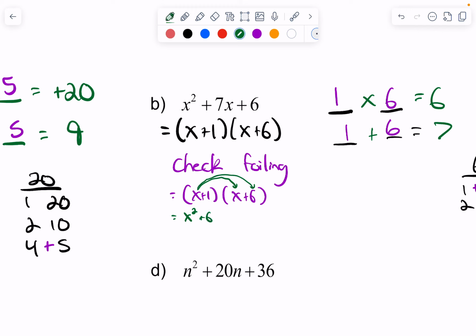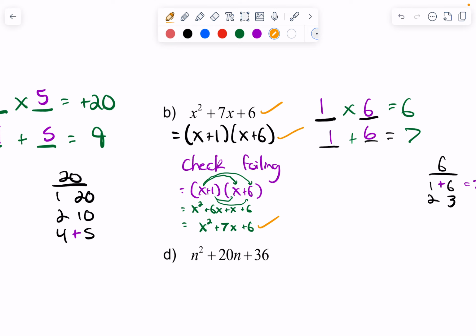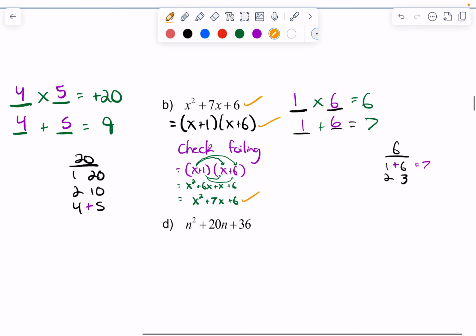So plus 6x. 1 times this x plus x. And then 1 times that 6 plus 6. Collect your like terms. And notice how you get the same thing that we started with. So this is in fact factored form. We expand it out to get to check.